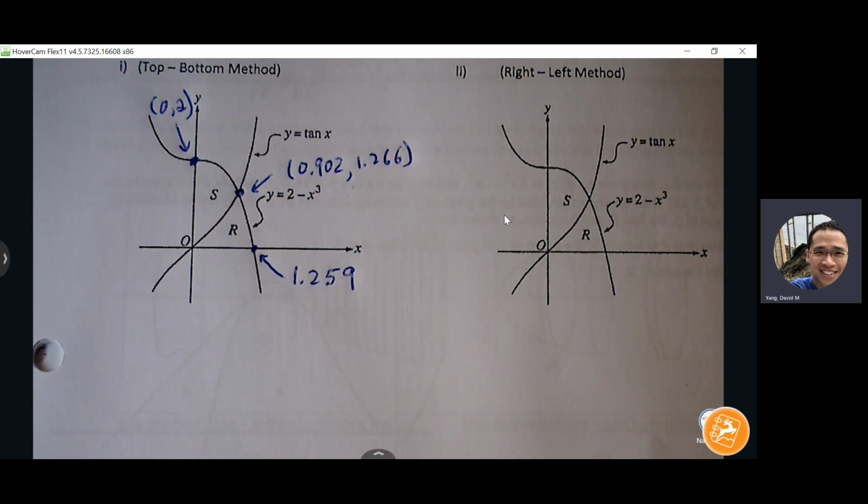I just did trace and scroll over to that point. And then you can do zoom, zoom box, and then draw a box in that region there.